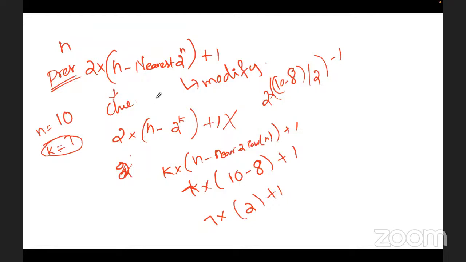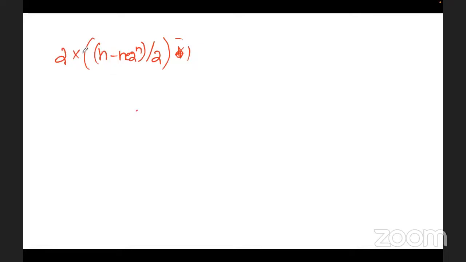Okay, sir. So from this formula we're going to take something. Okay, k minus nearest power of n plus 1, k into n minus nearest power of 2 plus 1, divided by 2. Okay, simple. So from the previous formula we'll check the things.